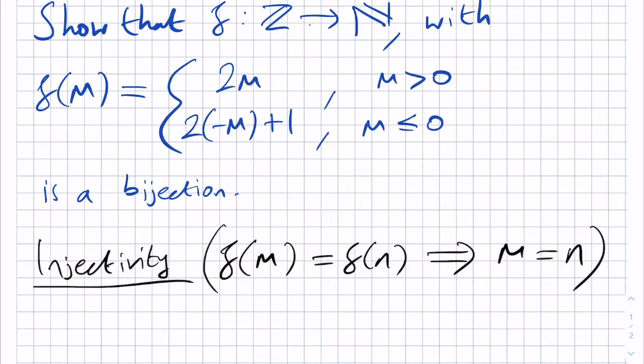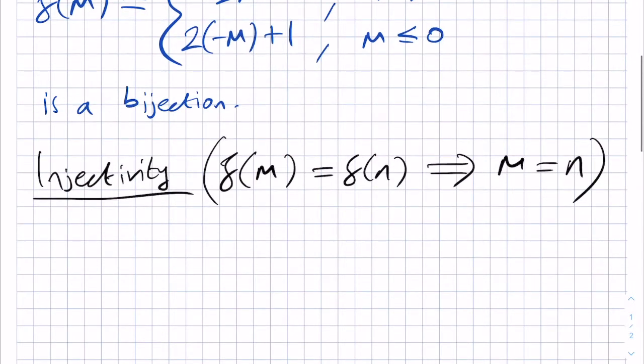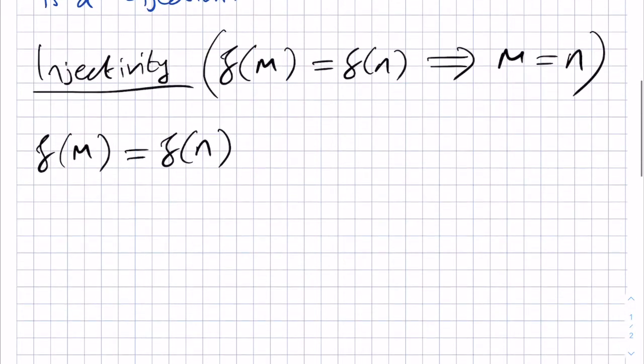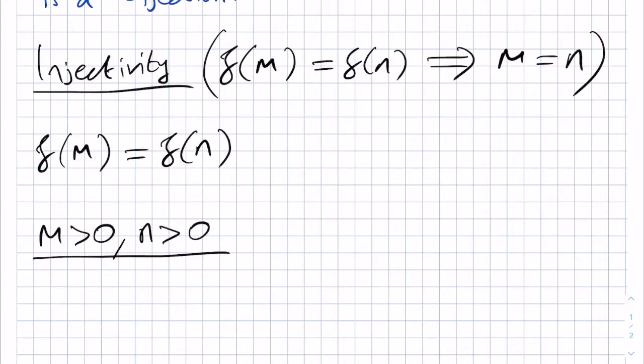So let's say we take f of m being equal to f of n. Then we have 4 separate cases depending on whether m and n are greater than, or less than or equal to, 0.